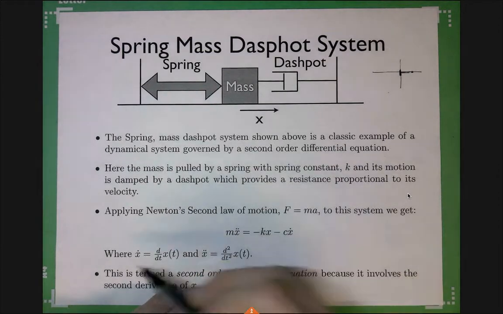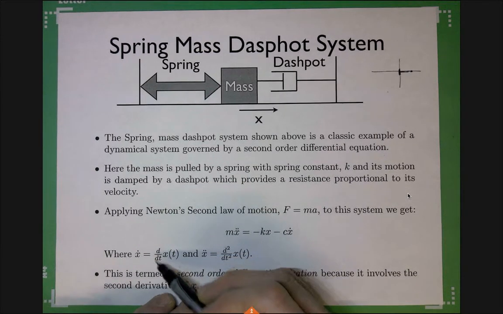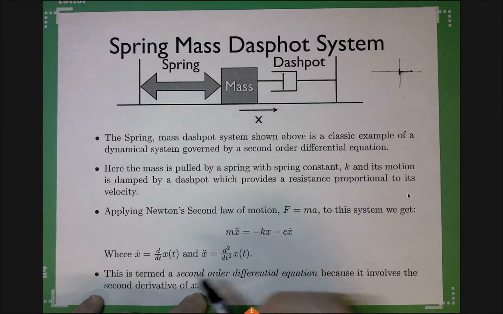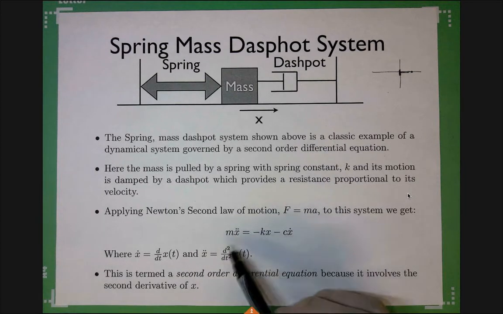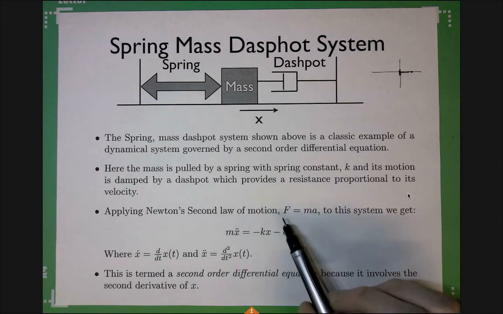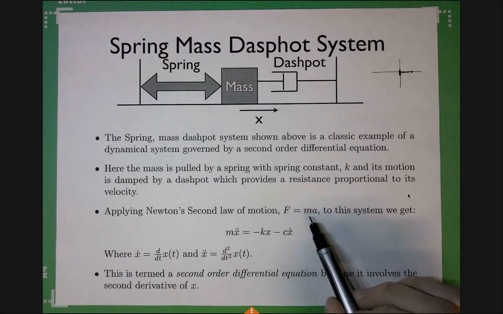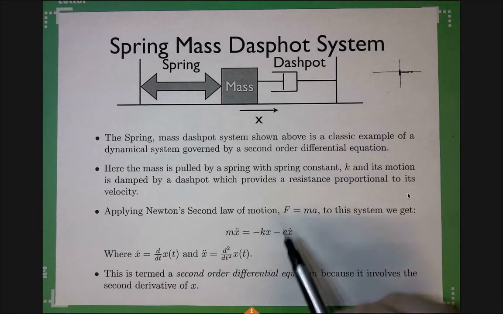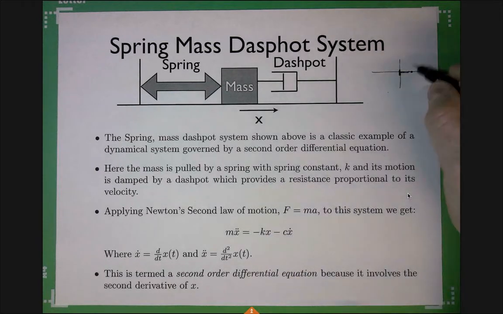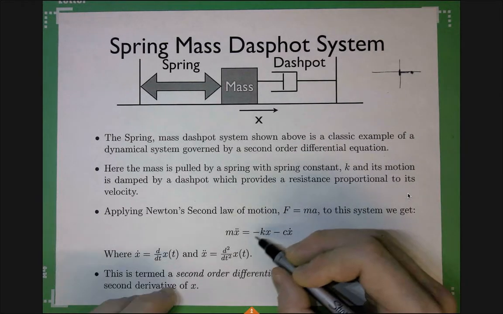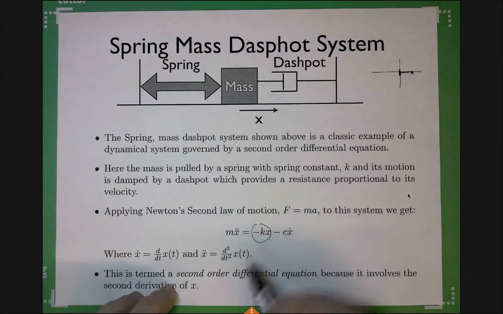One dot means one differentiation with respect to time, and the second dot means the second derivative with respect to time, which is acceleration. From Newton's second law of motion, we know that mass times acceleration is equal to force. And the force acting on our mass point here is, first, the spring force. That's minus kx.